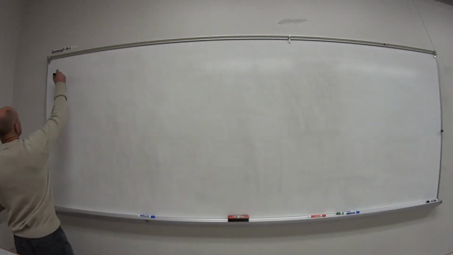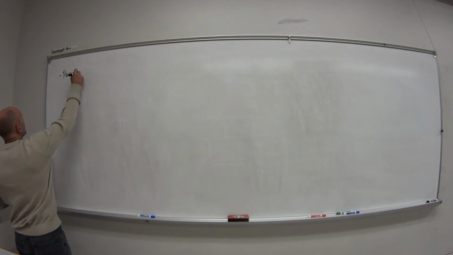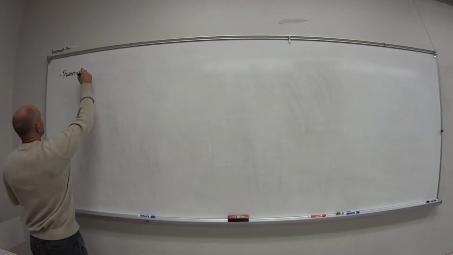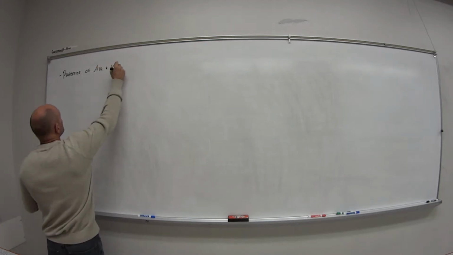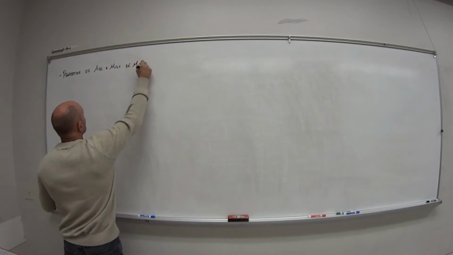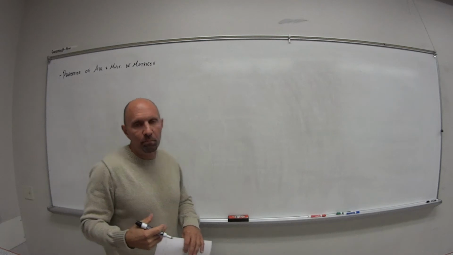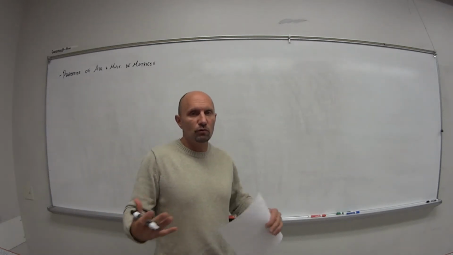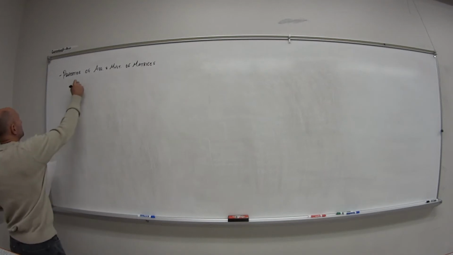So the properties of addition and multiplication of matrices are basically similar to what we do with real numbers. So let's start with the following.